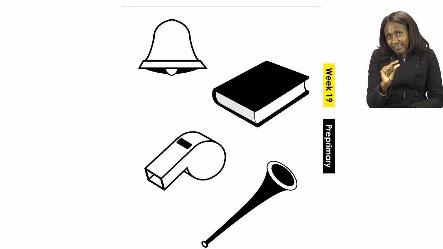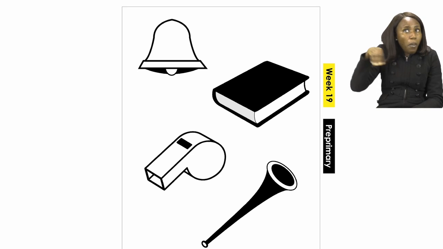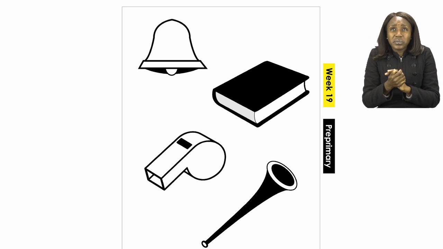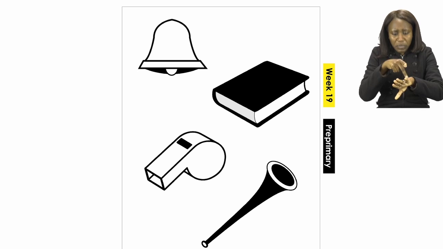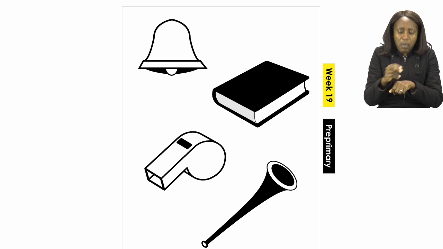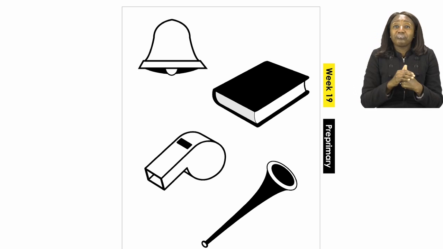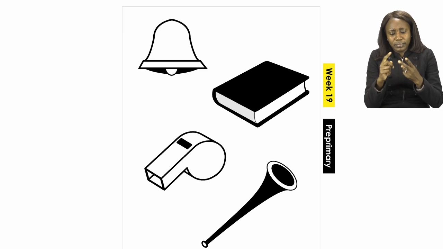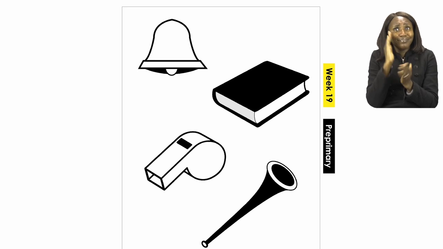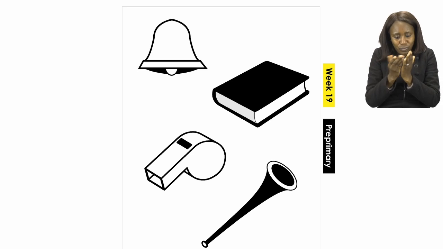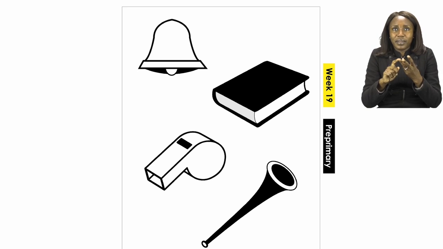The first thing we can see is a bell. Now the bell, sometimes we use it at school to tell us when it's break time or when it's time to go home. The next thing we can see is a book. Now we all know books because we use them at school. The next thing we can see is called a whistle.